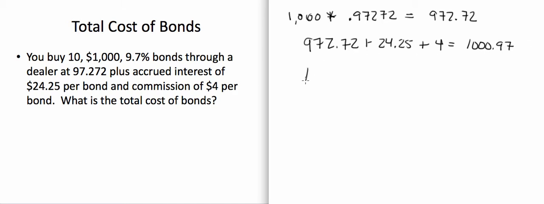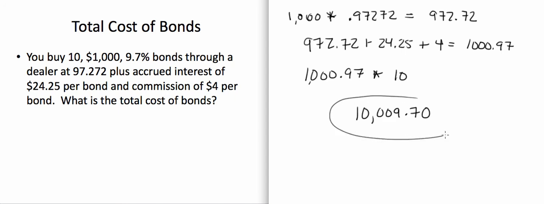And then we take that 1,000.97 and we multiply it by 10 because we bought 10 bonds, and that gives us an answer of $10,009.70. Okay, so this is the total cost of bonds.